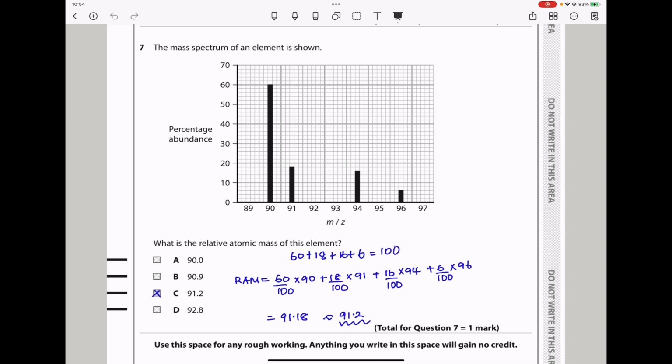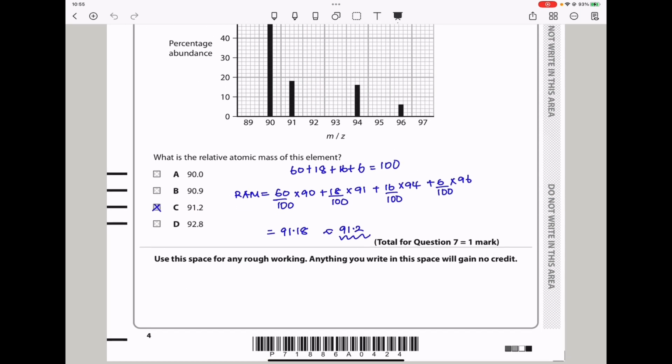So now the relative atomic mass is going to be 60 divided by 100 times 90 plus 18 divided by 100 times 91 plus 16 divided by 100 times 94 plus 6 divided by 100 times 96. And adding up everything, I got 91.18, which is approximately 91.2, and the answer is C. Moving on.